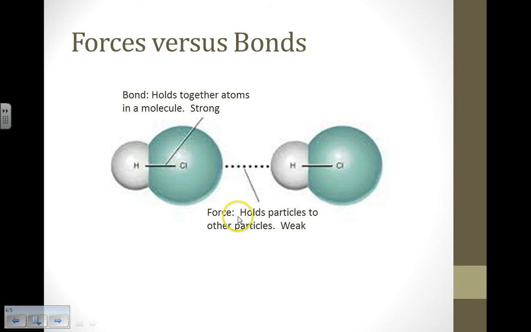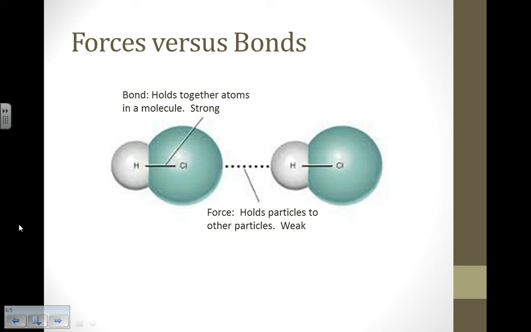And so there's something called a force that holds particles together, and that is typically weaker than a bond. So you can have a bond which holds the molecule together within itself, interior to the molecule, or you can have a force that holds particles to other particles, whether it's an atom or a molecule. So it's always good to know the difference between those when we talk about it.